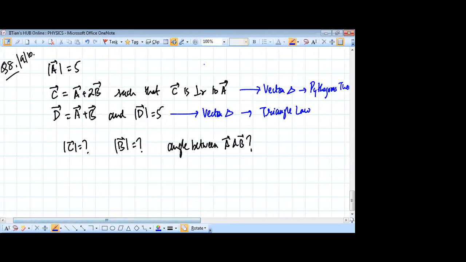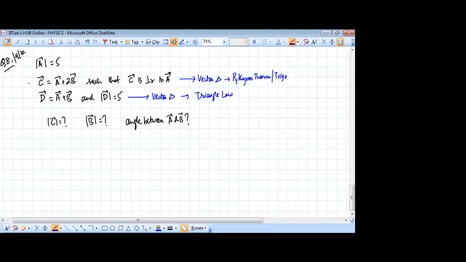So you can try it by what I'm saying over here. Represent this information given over here as a vector triangle first. And since this is perpendicular, so it's a right angle triangle, so you can use Pythagoras theorem and trigonometry's combination. Similarly, represent this information given as a vector triangle and use triangle law in that.